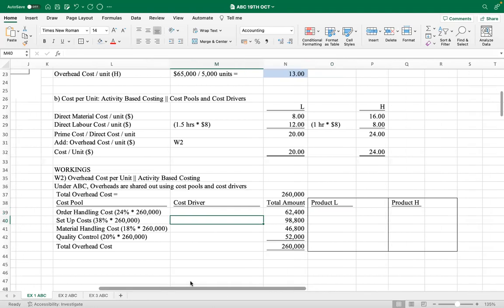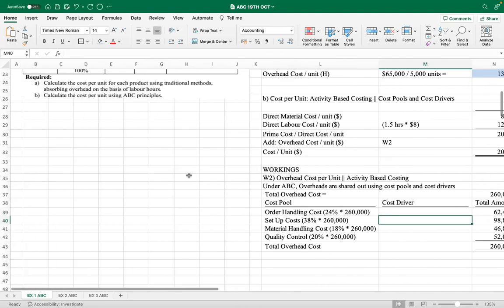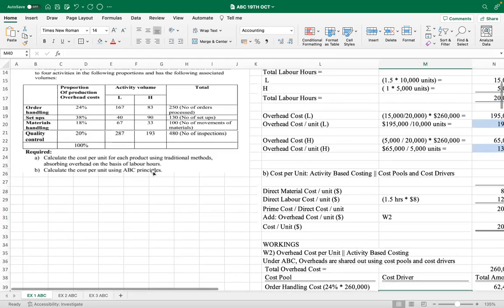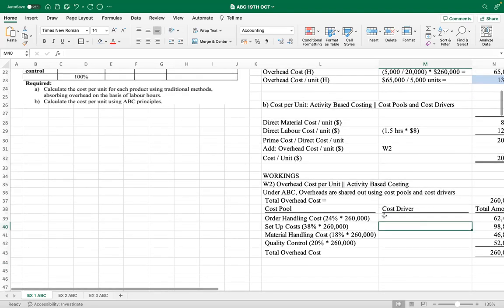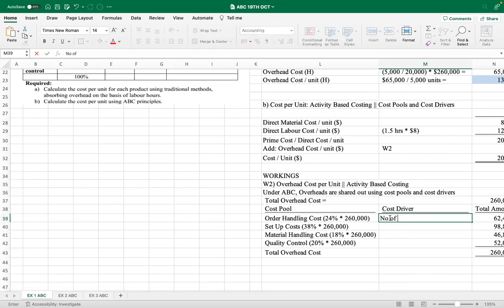So let's check in the question if we were given each cost driver. Order handling, the cost driver you are given is number of orders processed.